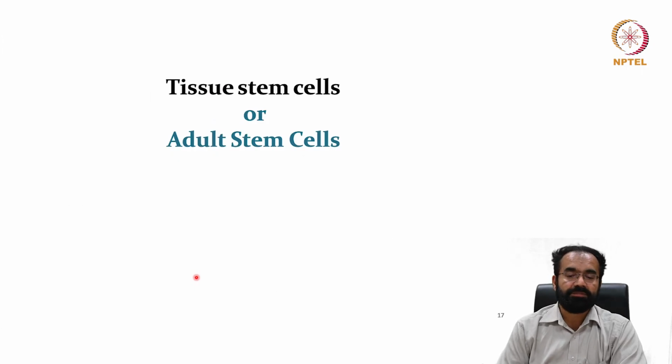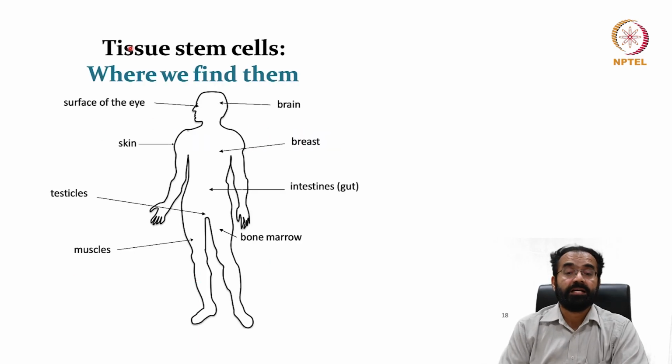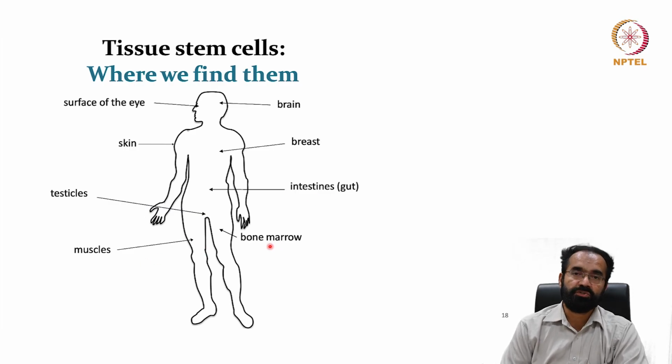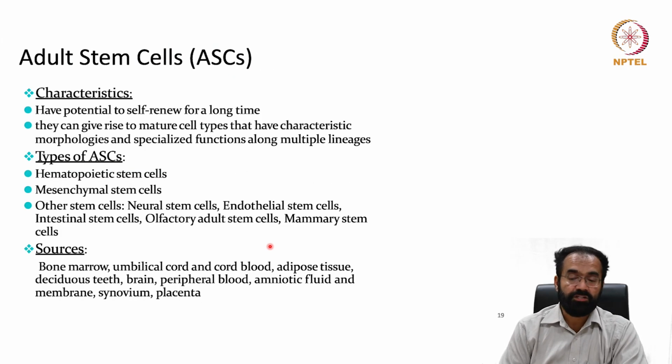So tissue stem cells or adult stem cells, this is what we should understand. Tissue stem cells, where can we find them? They are present in the eye, brain, skin, breast, testicles, intestine, muscles, and bone marrow. All these adult tissues have adult stem cells present in them, and they will be running homeostasis, or a day-to-day job.